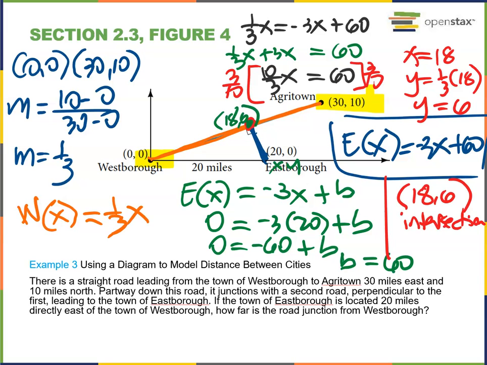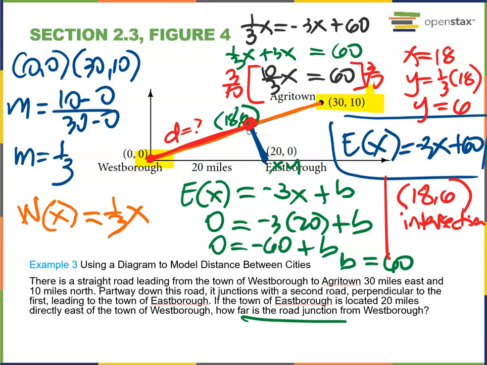And now the last one is we want to get how far the road junction is from Westboro. So how do we get that? This is the road junction and this is Westboro. So what is this distance?